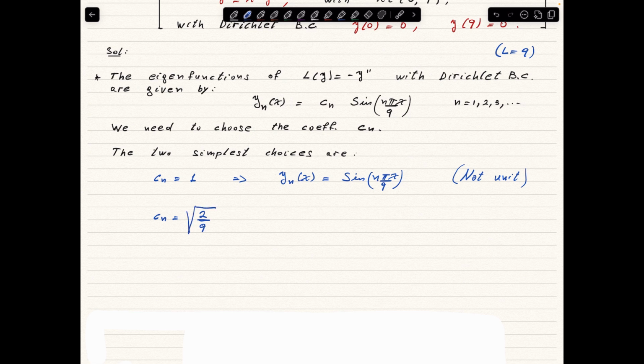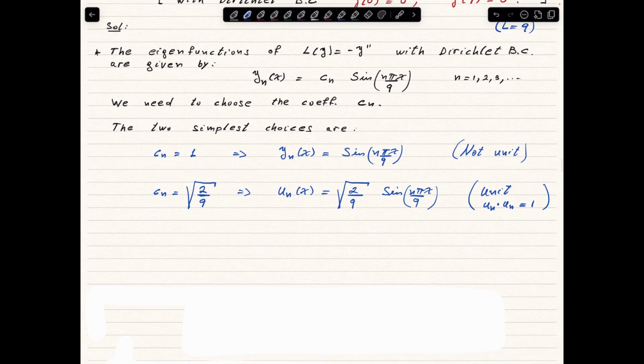If we choose this Cn for all the eigenfunctions, then we are going to end up with eigenfunctions of this form, proportional to the other eigenfunctions, of course, but with the proportionality factor square root of 2 over 9 times the sine of n pi x over 9, and these are actually unit eigenfunctions, because this function satisfies that un dot itself, dot product, is equal to 1.